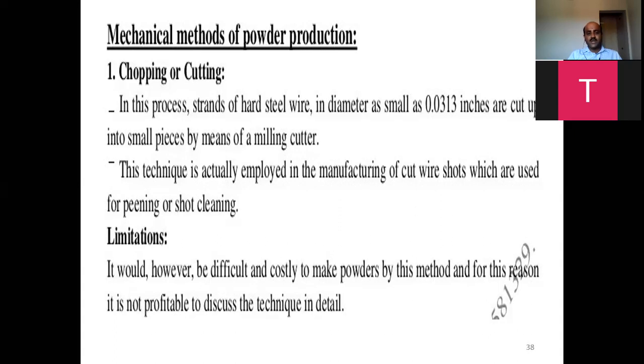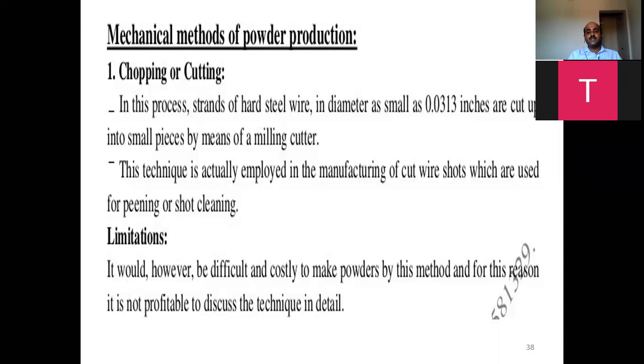In this process, strands of hard steel wire in diameter as small as 0.0313 inches are cut up into small pieces by means of a milling cutter. This technique is usually employed in the manufacture of cut wire shots, which are used for peening or shot peening. Chopping, just to chop it off, or cutting.